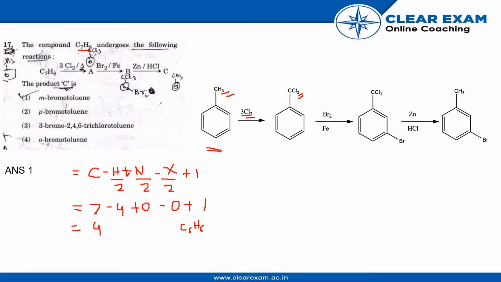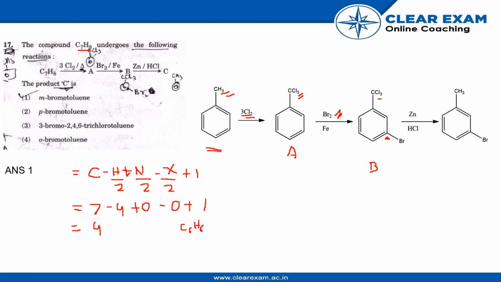So after that, this will be compound A, this will be compound B, and here, due to CCl3, the bromine will be added at the meta position. As CCl3 is a strongly electron-withdrawing group, the bromine will be added at the meta position.